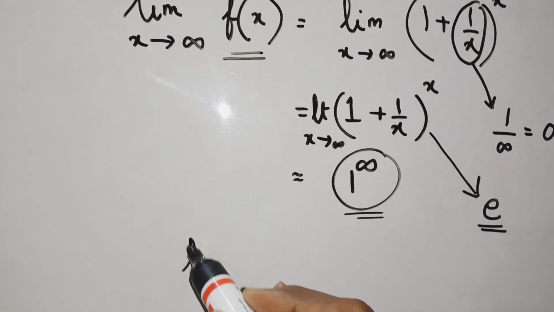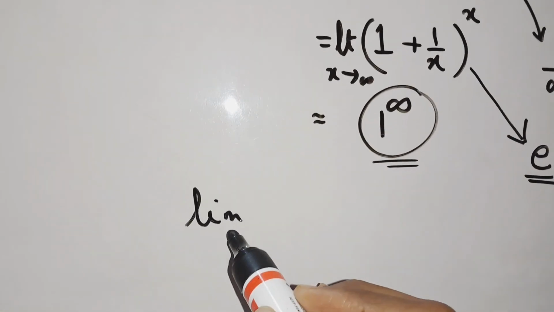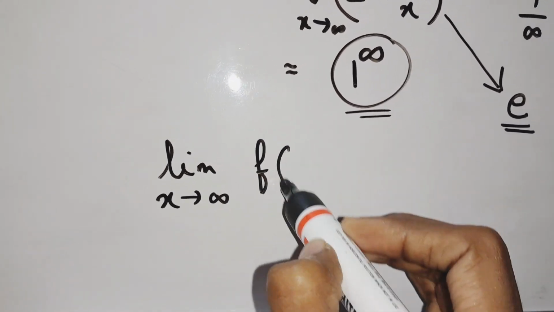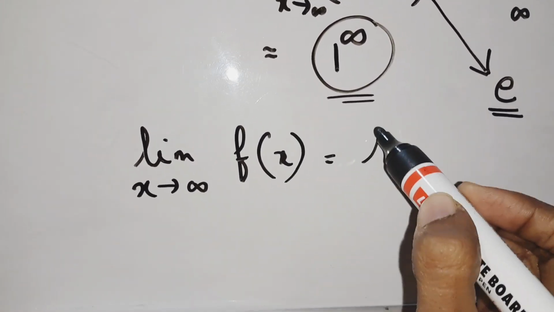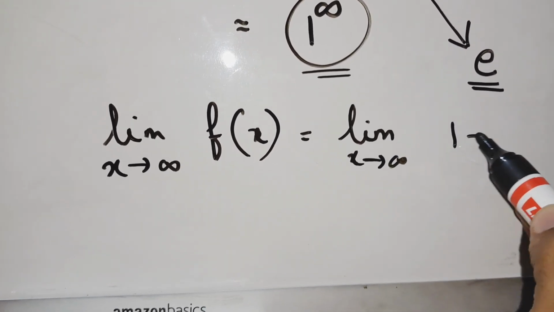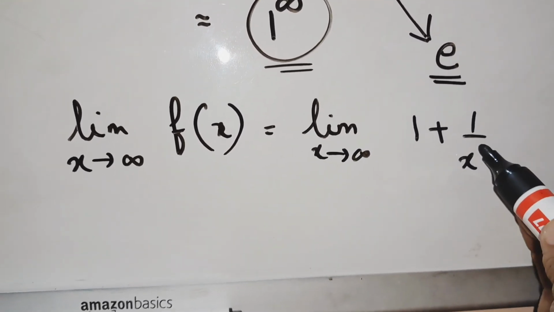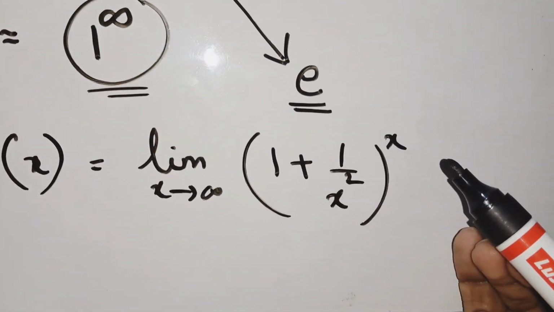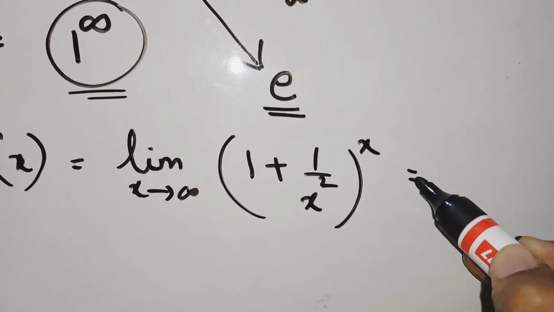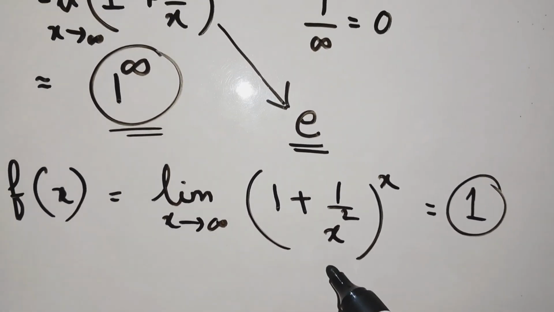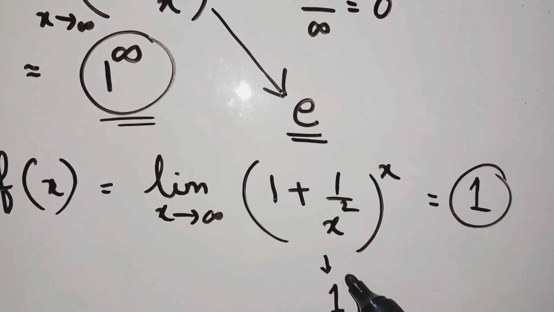Similarly, we can also calculate one more function, the limit as x approaches infinity of f of x, where f of x can be written as (1 plus 1 by x squared) to the power x. But this answer becomes 1. And this also has the 1 to the power infinity form.